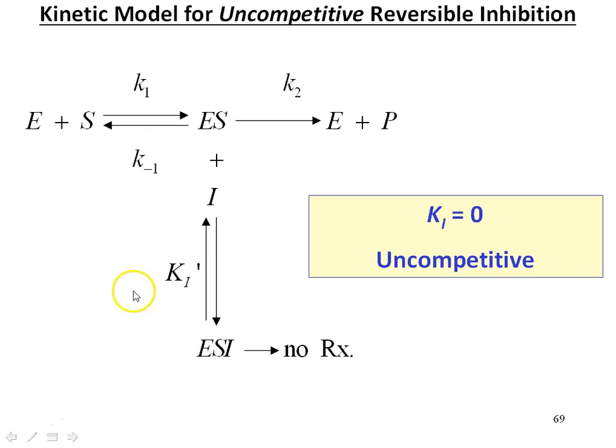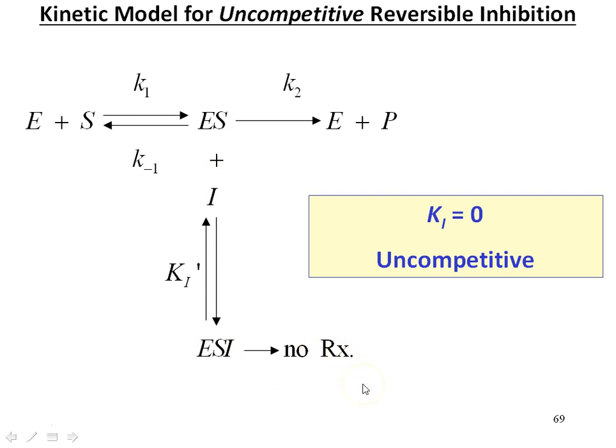And that means the inhibitor has no affinity whatsoever to the free enzyme. So it can only bind the enzyme if that enzyme already has the substrate bound in it. Otherwise, nothing is going to happen. The inhibitor is not interested in the free enzyme. Only the enzyme substrate complex can bind the inhibitor, and in this case leads to no reaction.